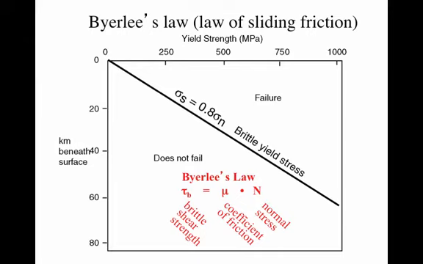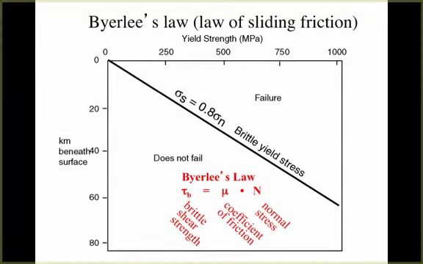Let's bring back Byerlee's law. That was this equation that we looked at earlier, where the brittle shear strength is equivalent to a coefficient of friction times the normal stress. That gives us this line here where the shear strength is equivalent to 0.8 times the normal stress.